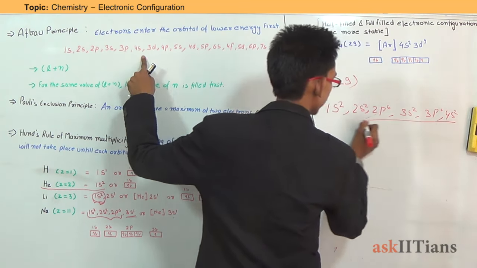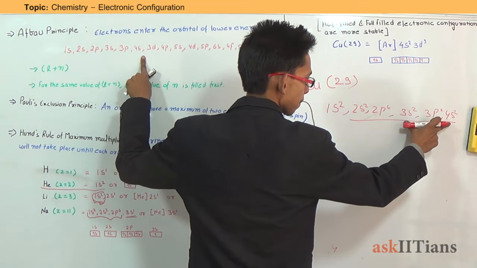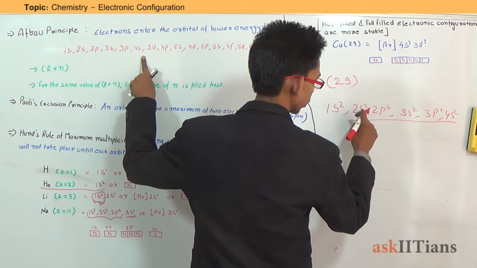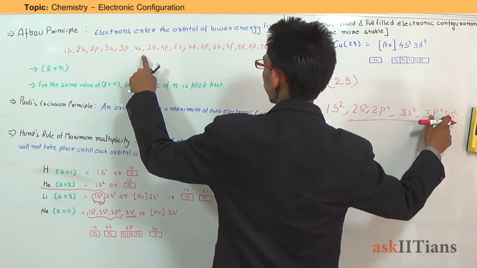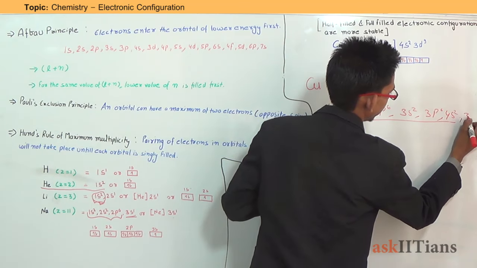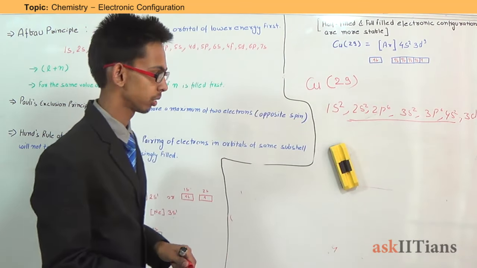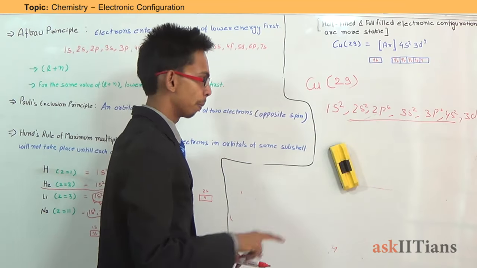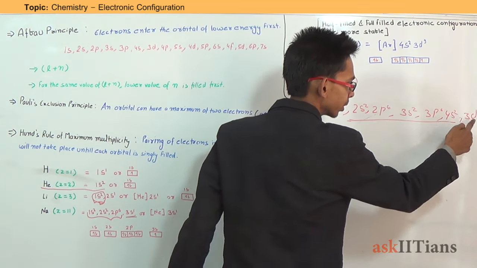Till now we have filled 20 electrons out of 29. We are left with 9 more, so those 9 will go in the 3d orbital, 3d9. So this is the electronic configuration of copper: 1s2, 2s2, 2p6, 3s2, 3p6, 4s2 and 3d9.